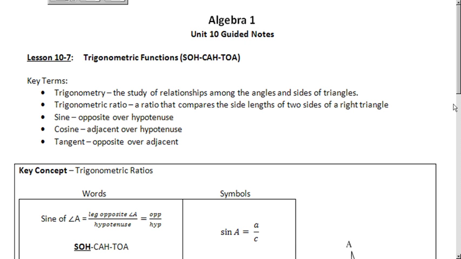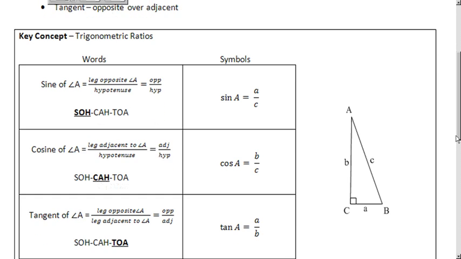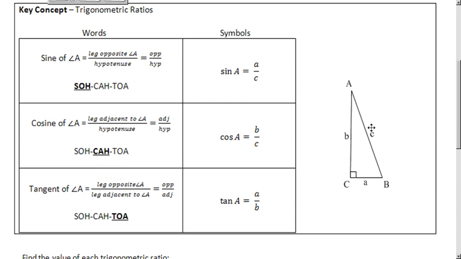The trigonometric ratios to set them up are right here: sine, cosine, and tangent. Sine is opposite over hypotenuse, just like the vocab term mentioned. Cosine, adjacent over hypotenuse. Tangent is opposite over adjacent. Hence this SOHCAHTOA here.